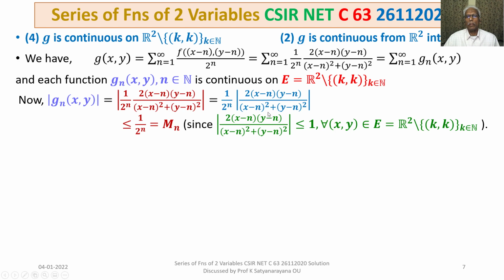Because the modulus of 2(x - n)(y - n) by (x - n)² + (y - n)² is less than or equal to 1 for all (x, y) belongs to E, where E is R² minus the set of all ordered pairs (k, k), k belongs to N. So it is less than or equal to 1 by 2 power n, which is M_n. And further, sigma M_n equal to sigma 1 by 2 power n is convergent, and it is a geometric series whose common ratio is 1 by 2, less than 1, and it is convergent.